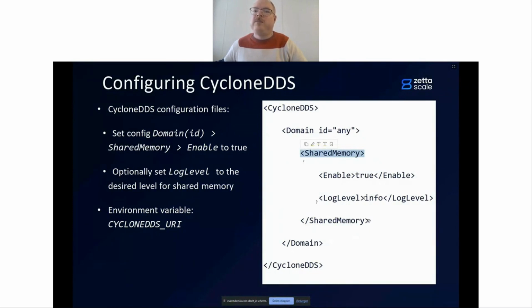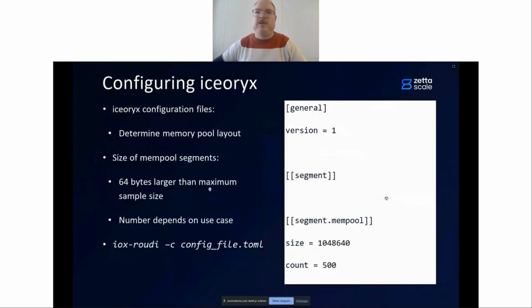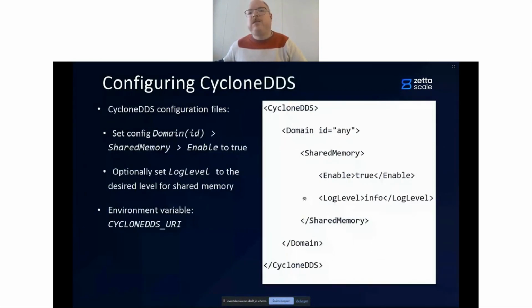This is an optional field, but you can set a different log level if you want to. This is an example of this XML file, and you set it through the environment variable CYCLONEDDS_URI. This is what Cyclone DDS looks for when it needs to look up configuration settings that are different from the defaults.